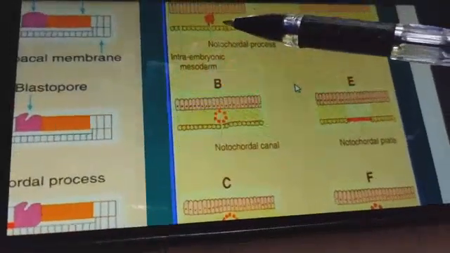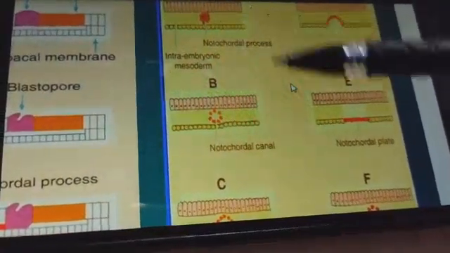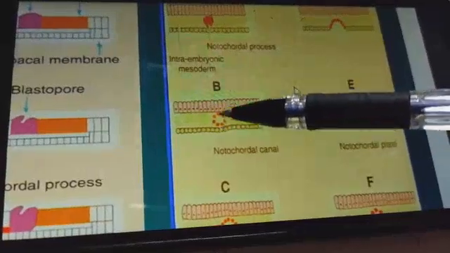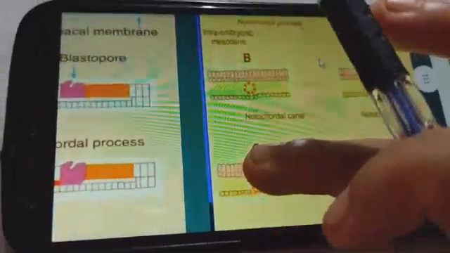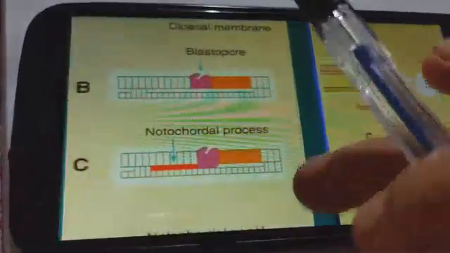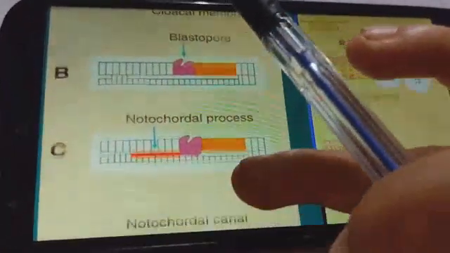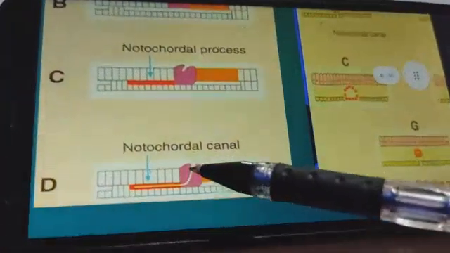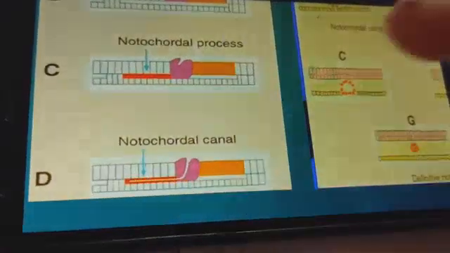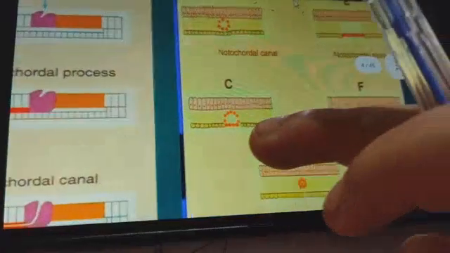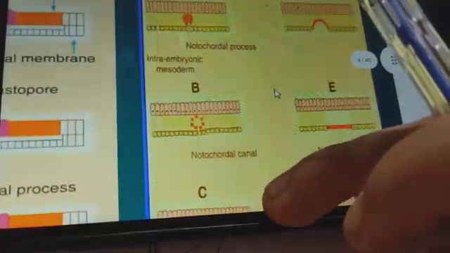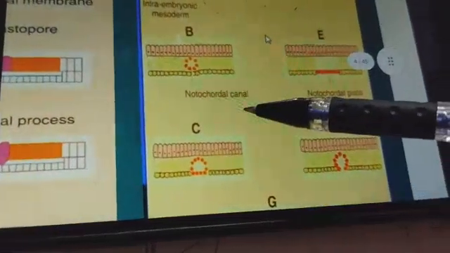Then the cells of the notochordal process, after that, they form a notochordal canal. Here we saw when the whole of the blastopore goes inside till here, when the hole extends, it forms the notochordal process, and it forms the notochordal canal.